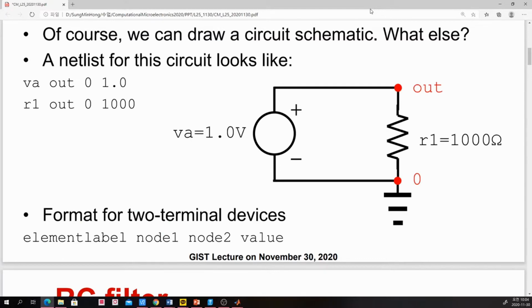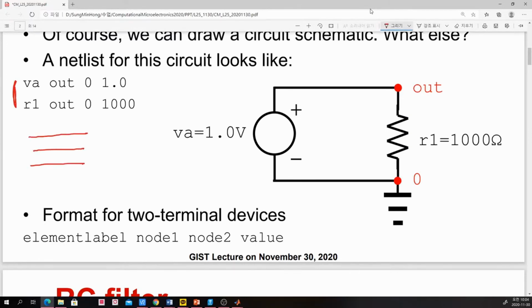Then if we write code for processing any kind of circuit, we should be able to read this kind of file format. So it is just a list of circuit elements.